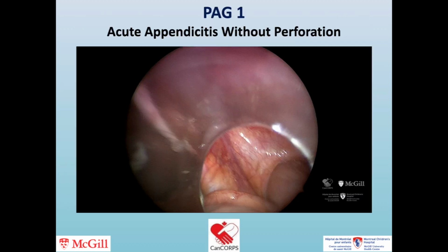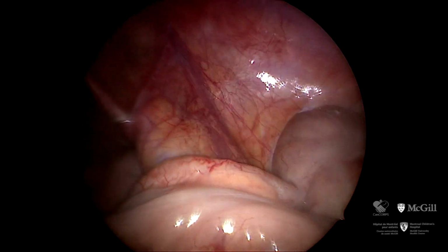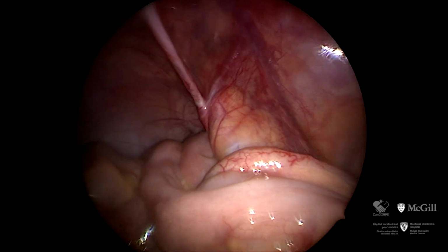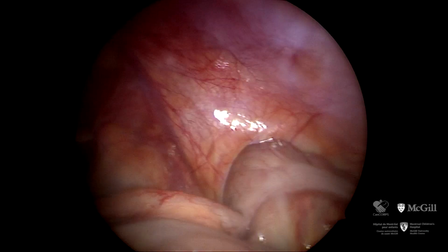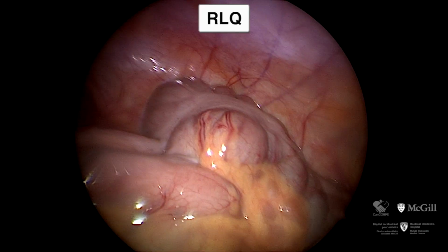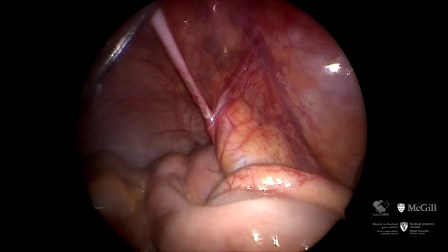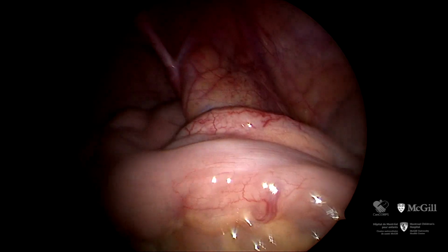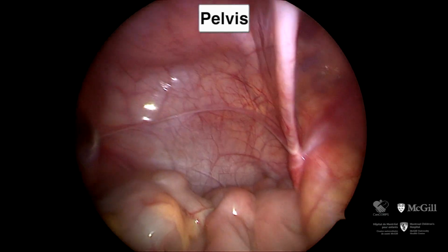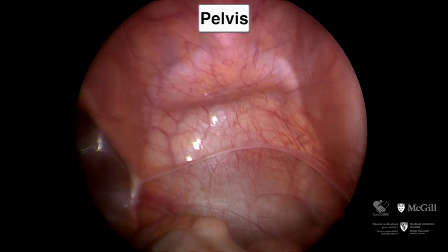This is an example of PAG 1, or acute appendicitis without perforation. We can see an inflamed appendix adherent to the ileum. There is no contamination in the right lower quadrant. There is also no contamination in the pelvis.